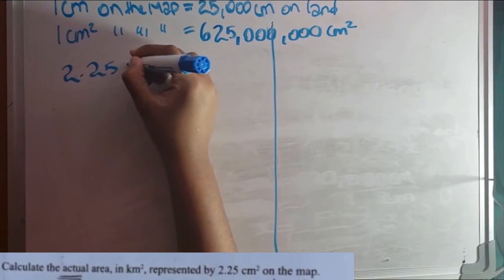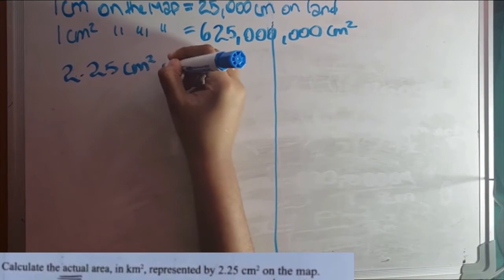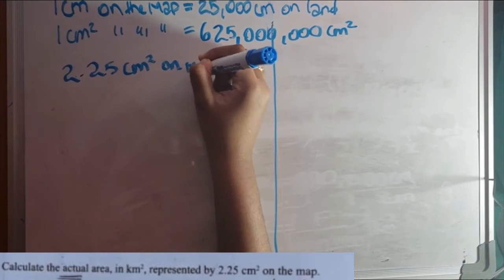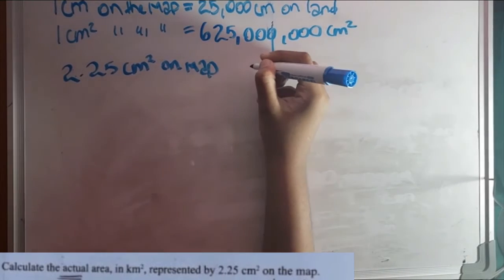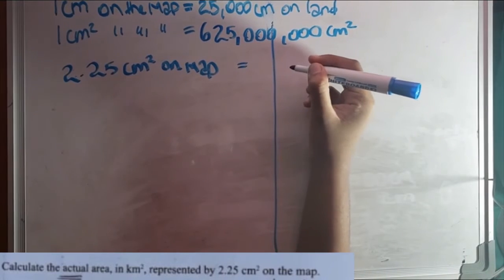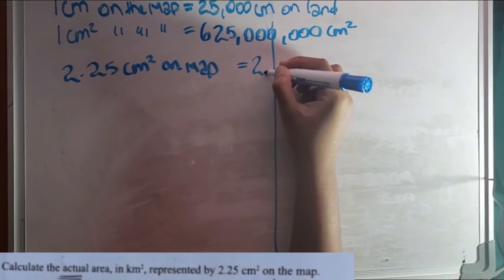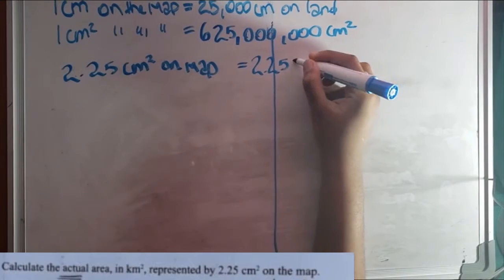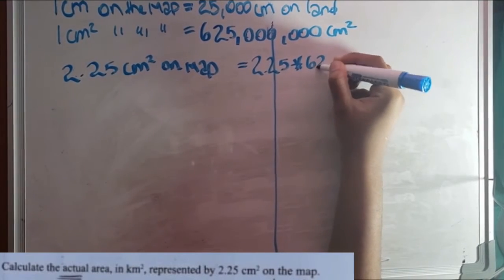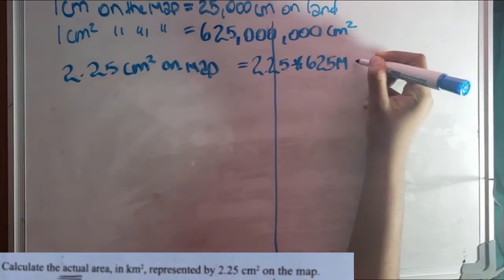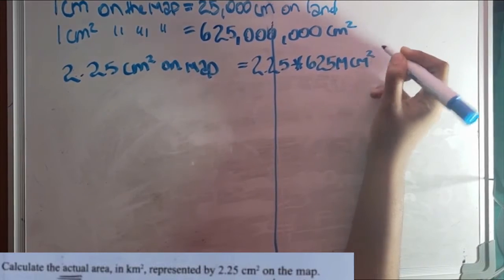2.25 centimeters squared on the map is going to be equal to 2.25 times 625 million centimeters squared.